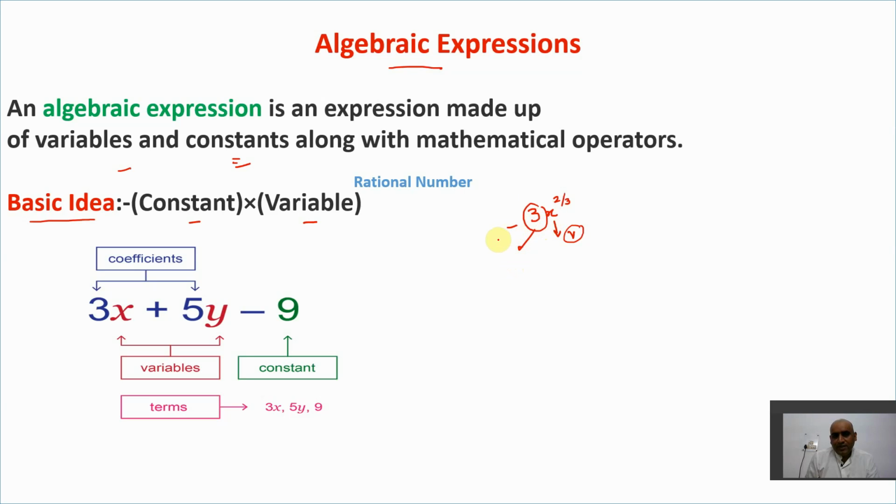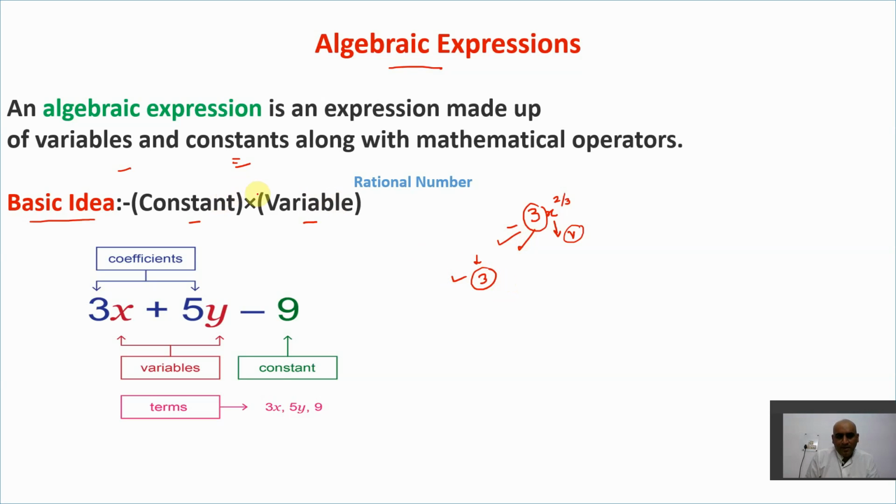Or you can also say this number is a constant. Why? Because 3 is a number. It cannot be changed. 3 means 3. You cannot make 3 as 4. You cannot make 3 as 5. So 3 is a fixed term. It cannot be changed, right?